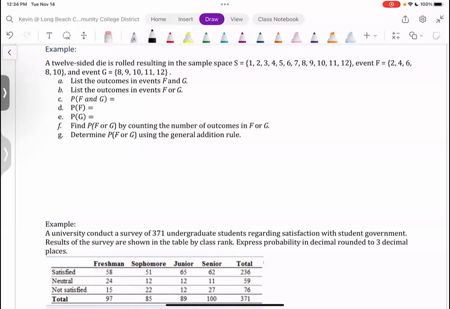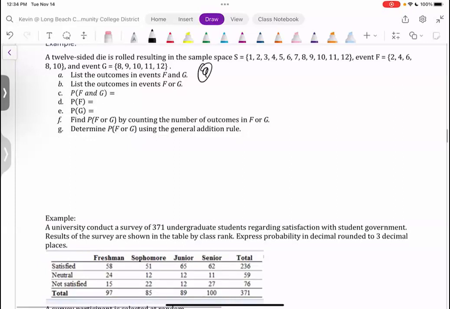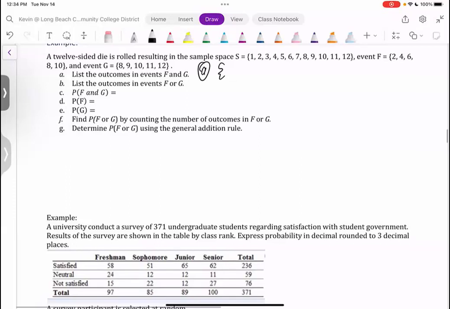So for part A, it says list the outcomes of events F and G. So this is the all-inclusive one. I'm sorry, this is the and. This is the exclusive one. So F and G is only going to be the 8 and the 10 that they both share. So there are a total number of 2 numbers in this set here.